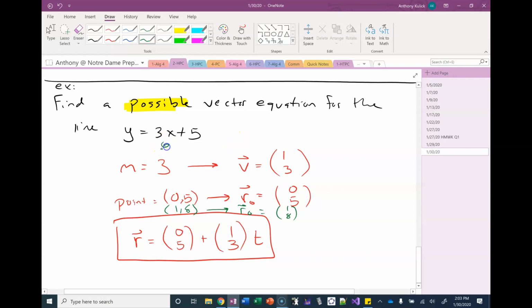What if I thought of my slope instead of 3? What if I thought of it as 6 over 2? That would give me, again, a different version of still the same answer, right? Still equivalent, still correct. So there's many, many possible solutions to this, or different ways we could write this vector equation, any of which would be fine. Everybody happy there?